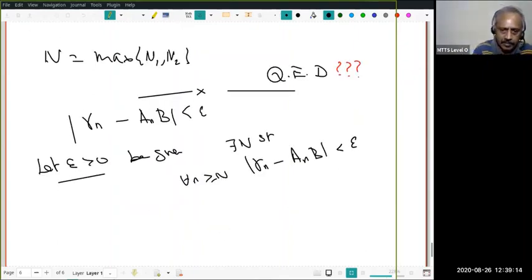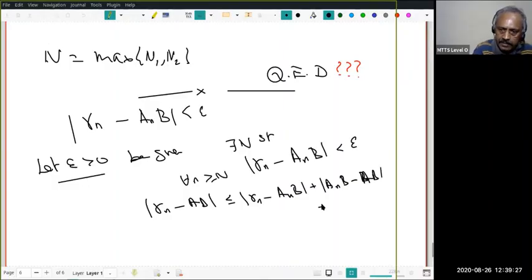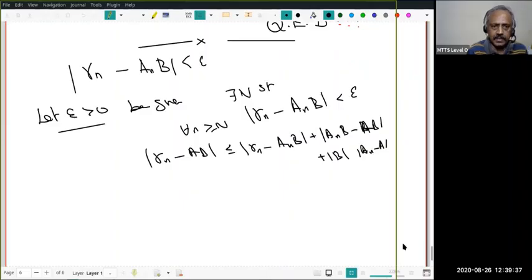You understand? Because mod gamma n minus AB will be less than or equal to mod gamma n minus A_n B plus mod A_n B minus AB, but this is mod B into mod A_n minus A, etc., etc. You understand? So it is enough, ratio. This is less than epsilon. Are you following?